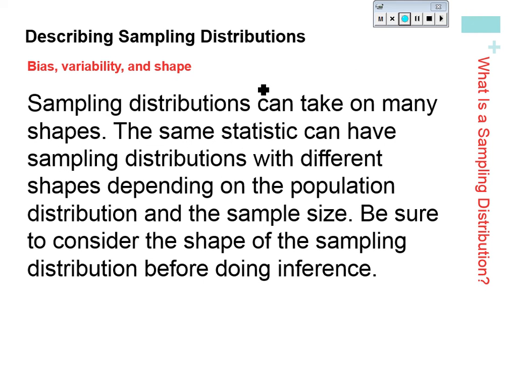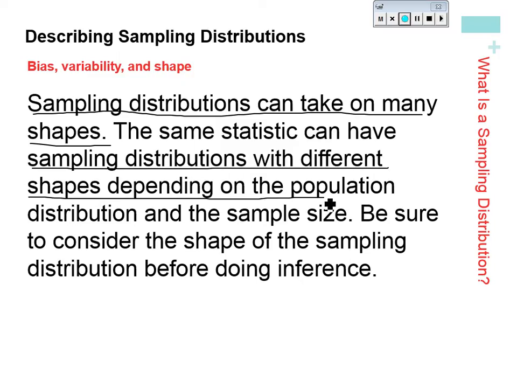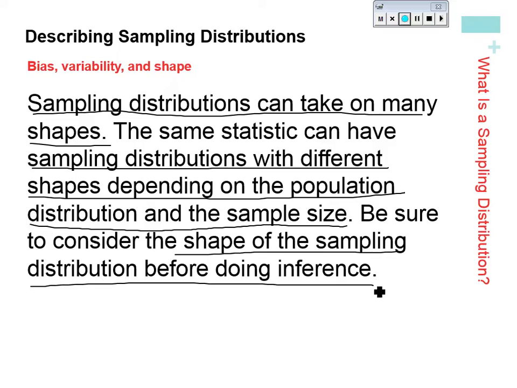Some other things with sampling distributions, and this is in regards to shape. Sampling distributions can have many different types of shapes, and the same statistic can have sampling distributions that have different shapes, all depending upon the population distribution and the sample size. So when you're talking about shape, be sure to consider the shape of the sampling distribution before you make any conclusions about the graph that you have.